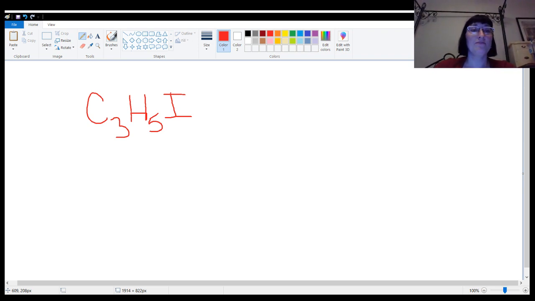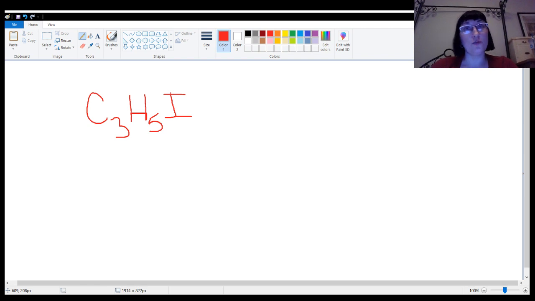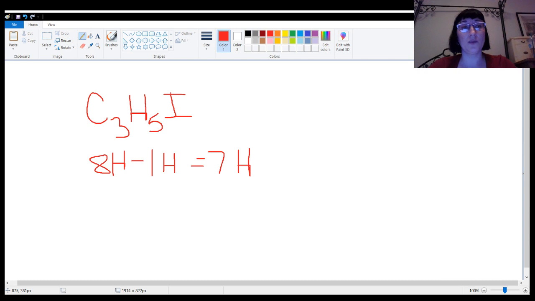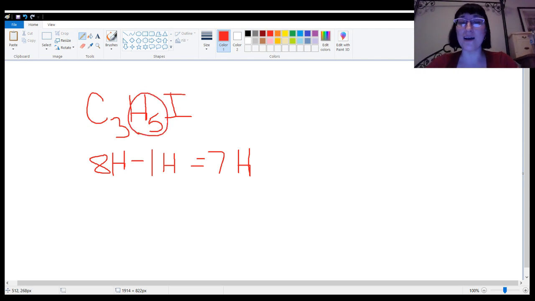So if I look at this, I think, okay, 3 carbons, so 2 times 3 plus 2 is 8. And then I subtract 1 because of the iodine. So for a fully saturated molecule with 3 carbons, I would need 7 hydrogens. You notice I only have 5.